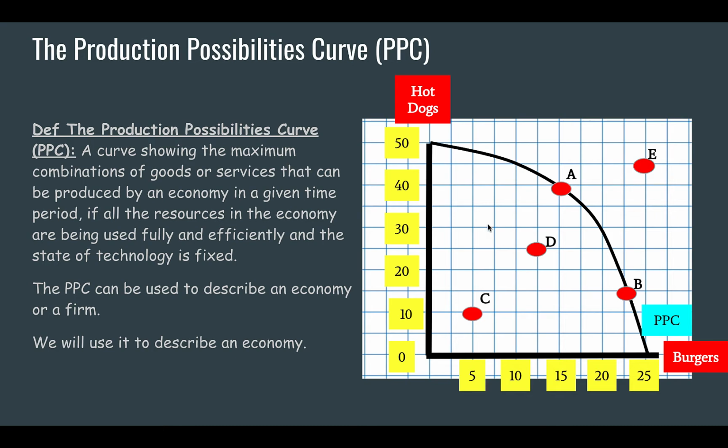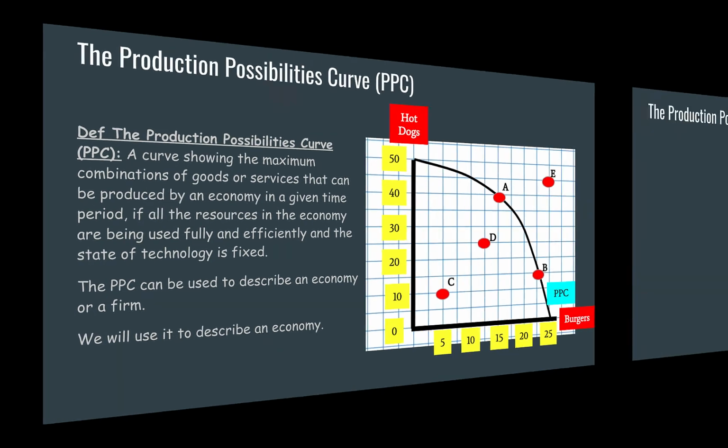Essentially, this is the upper bound limit of what our economy can produce, and I'll go into it more in later slides. I do say that the PPC can be used to describe an economy or a firm, but in our analysis we're just going to be looking at an economy.